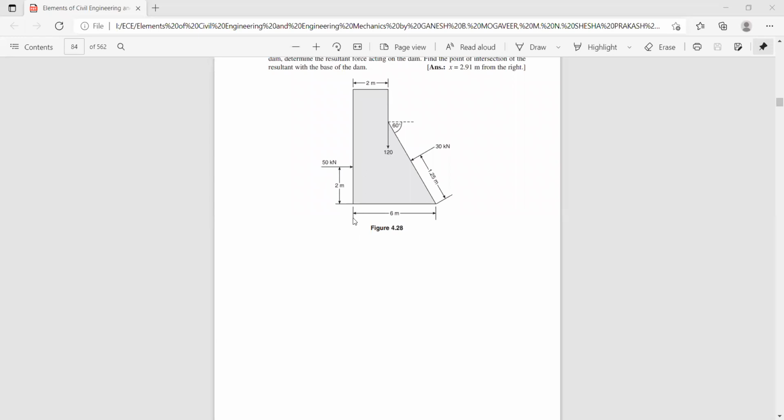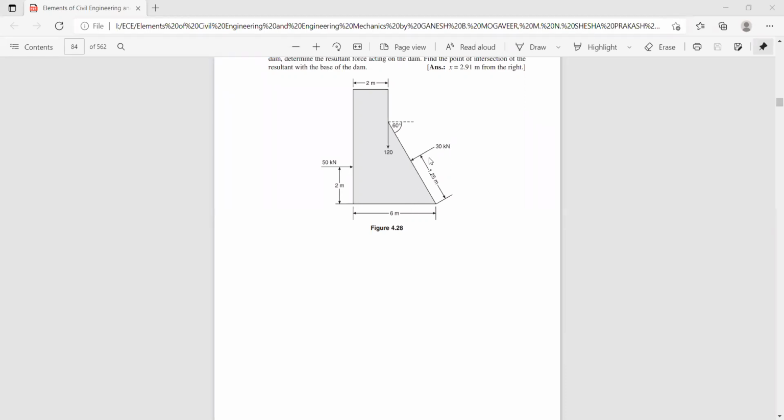So 50 into 2 plus 120 into 2, where the perpendicular distance is 2 meters. And the horizontal component of this force is 30 cos 30 kilonewton, and the height with respect to point A is this height we have calculated, that is HG.